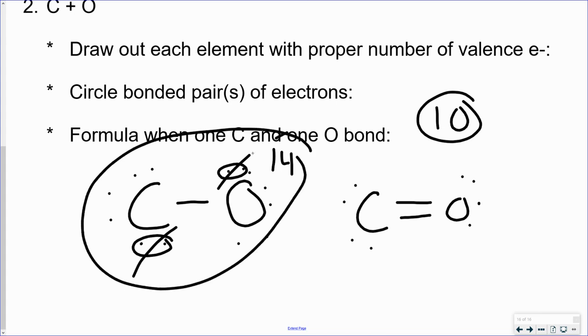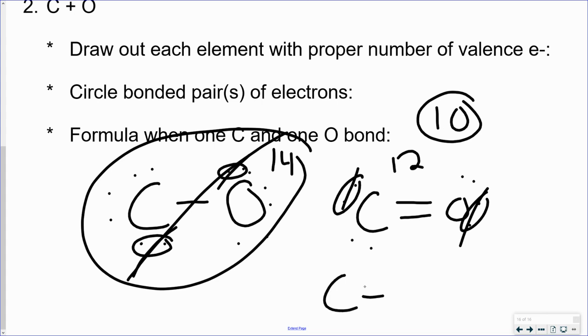So remember, this one is wrong. So 2, 4, 6, 8, 10, 12. Now I'm at 12 electrons. I still need to get down to 10. So again, I'm going to pick this one and this one. They're going to get knocked off, and we're going to make that into a triple bond.